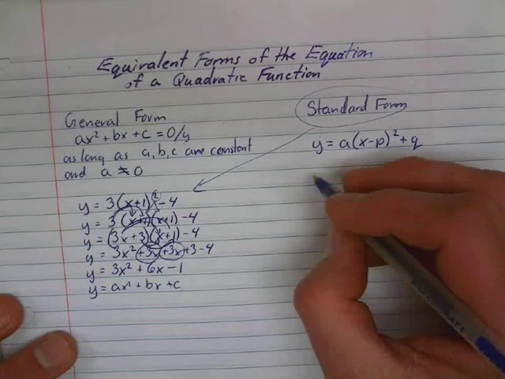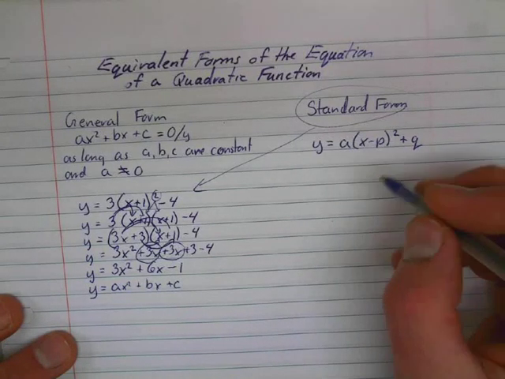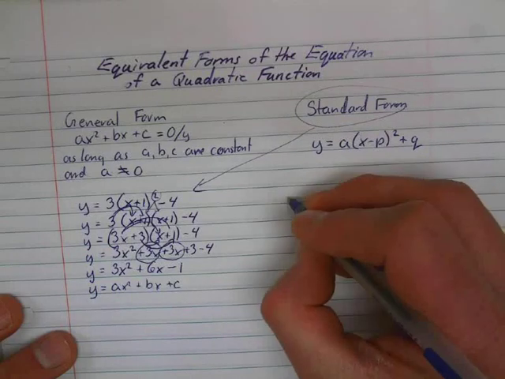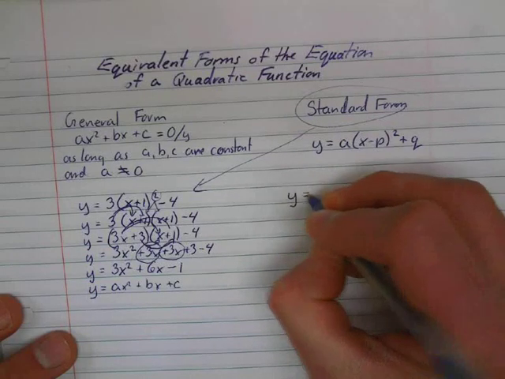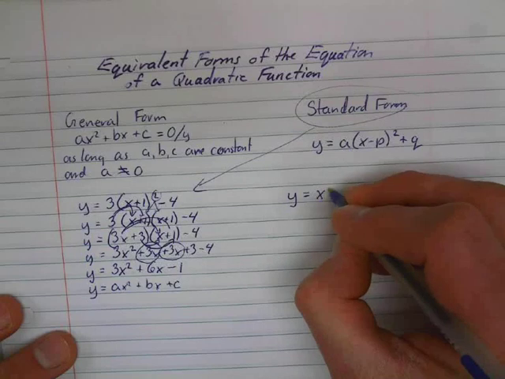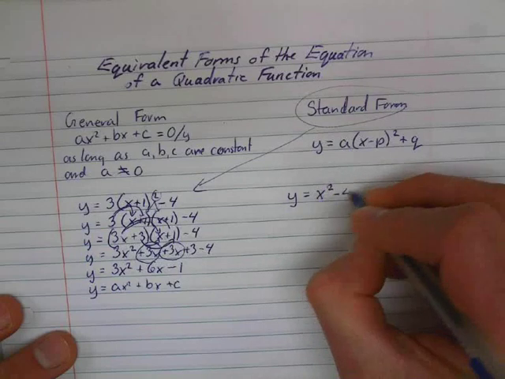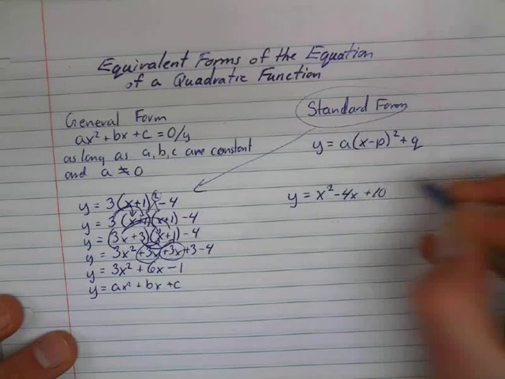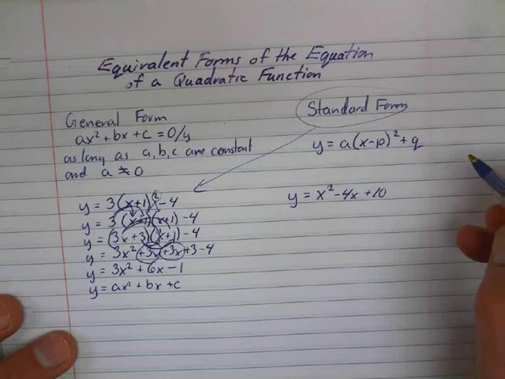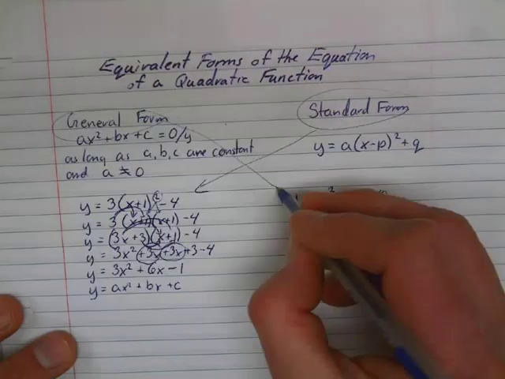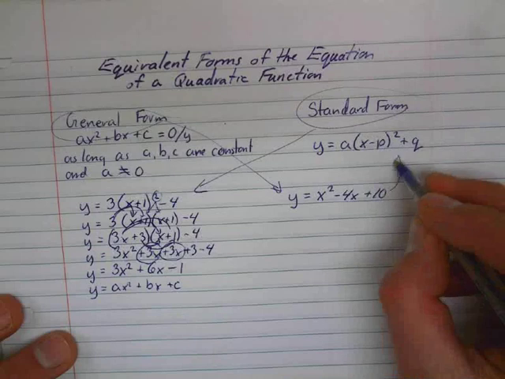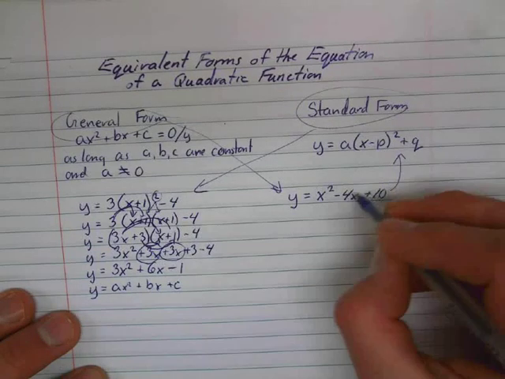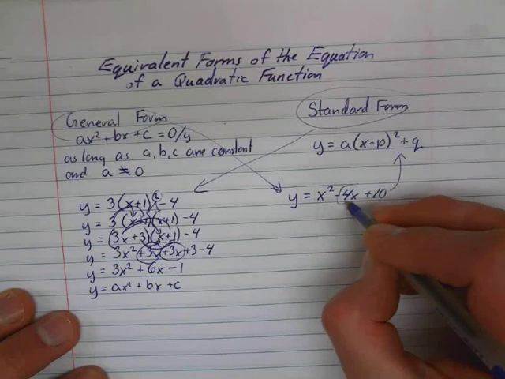Now, if we want to go from the general form to the standard form, we have to do something different. So here's the equation: y is equal to x squared minus 4x plus 10. This is the general form, and we're going to make it look like the standard form. First of all, we're going to focus on this number right here.